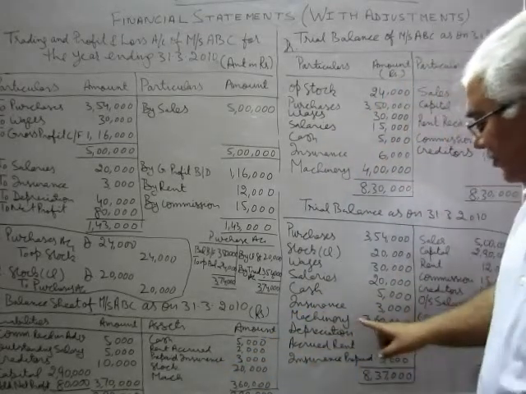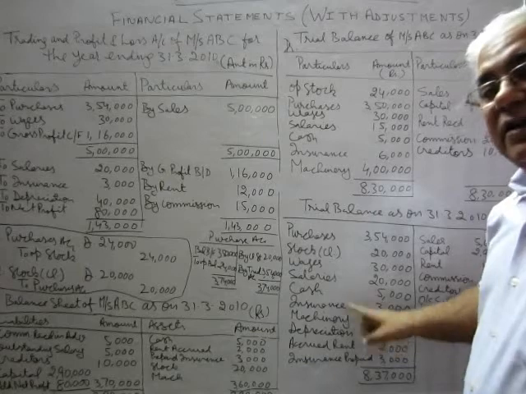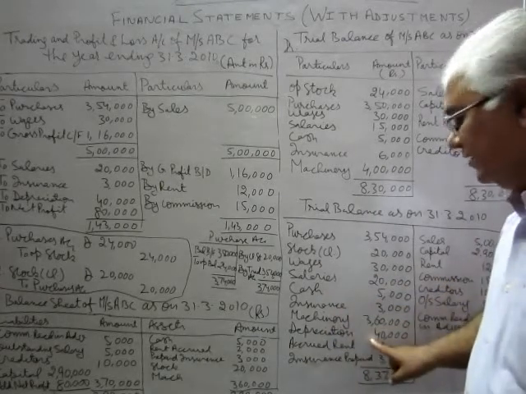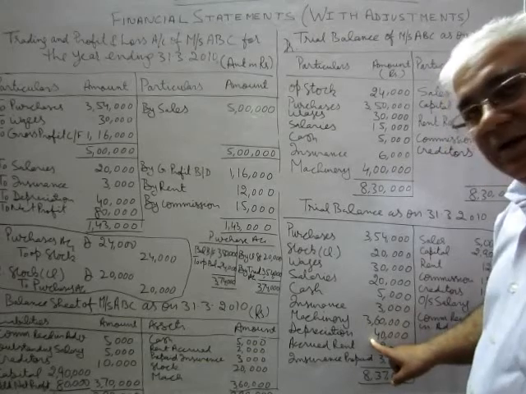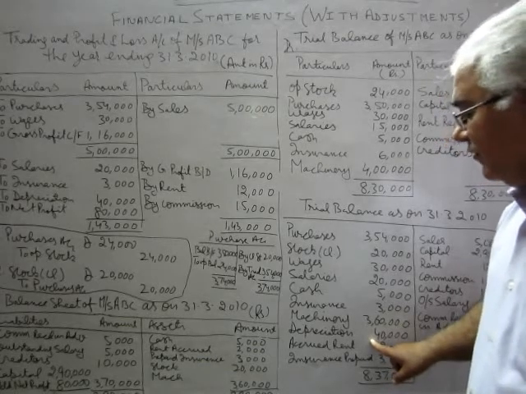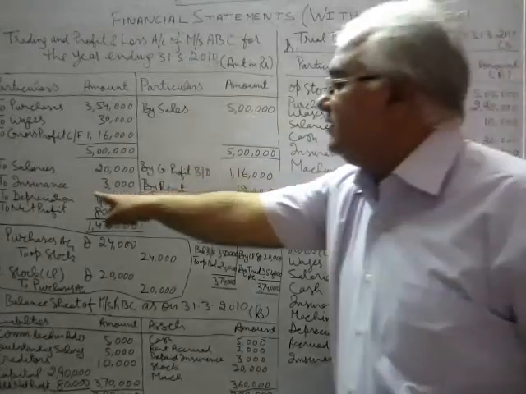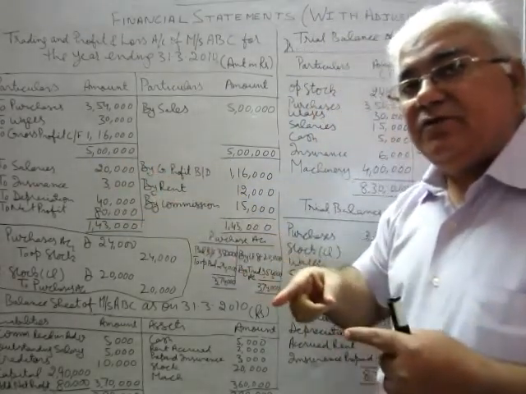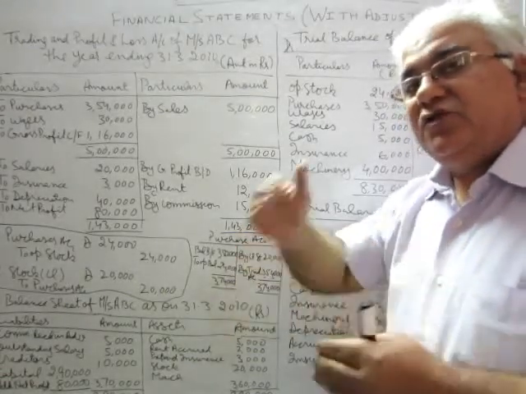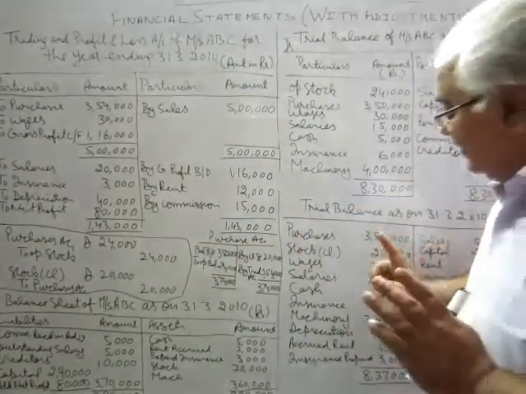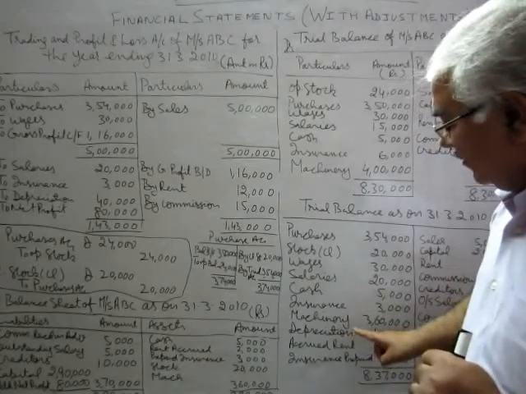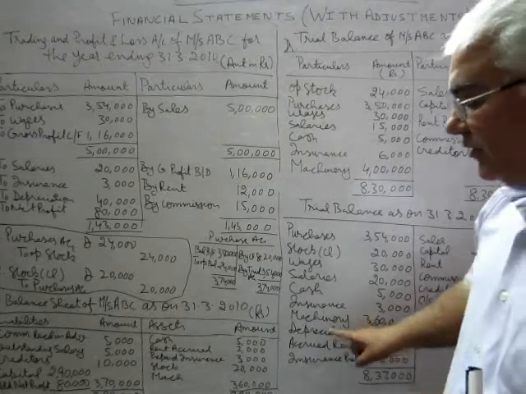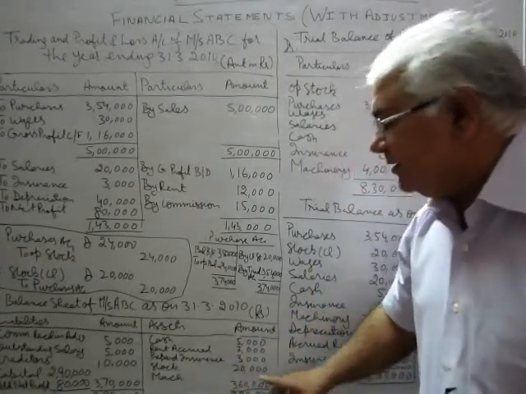That means machinery is 360 because the adjustment entry of depreciation has been put, and depreciation appears in the trial balance, right? That's why 40,000 is taken from here, but 360 has not been reduced further by 40,000. So this is actually the net figure of machinery, 360, that is after reduction of depreciation. That's why machinery is shown at 360.